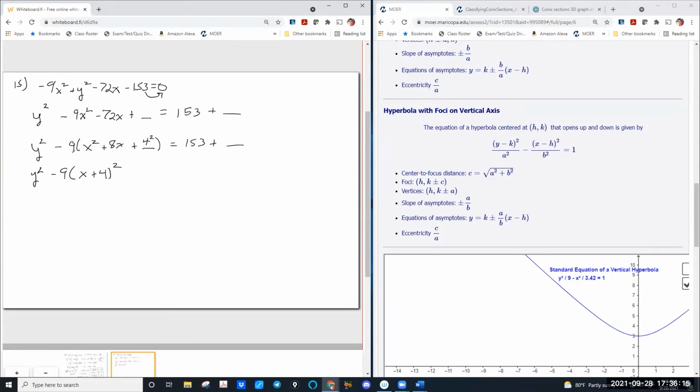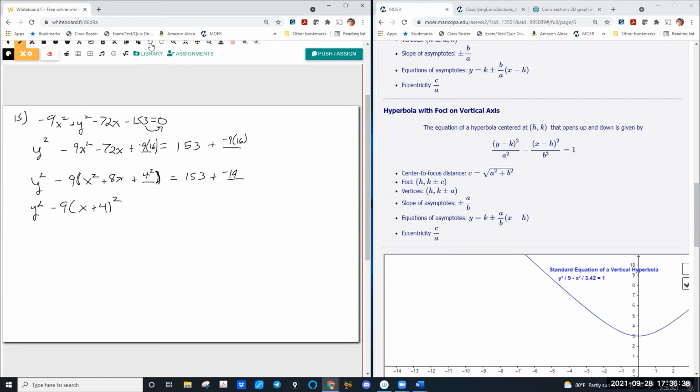Well, 4 squared is 16, but to pull it out of this set of parentheses, it does have to be multiplied by negative 9. So negative 9 times 16, so that's a negative 144. All right, and that 153 minus 144 is 9.